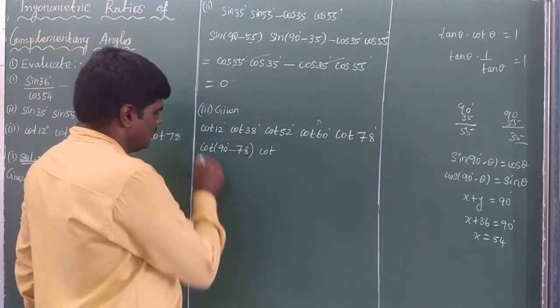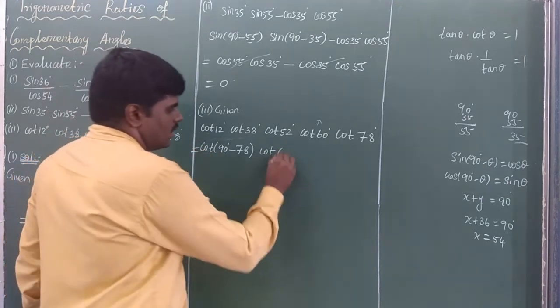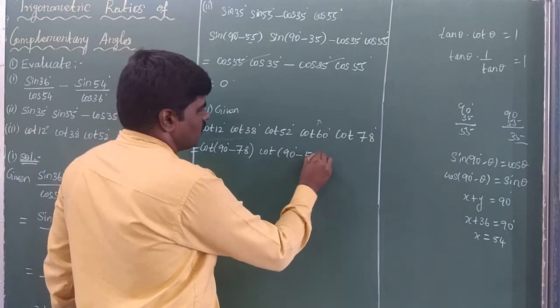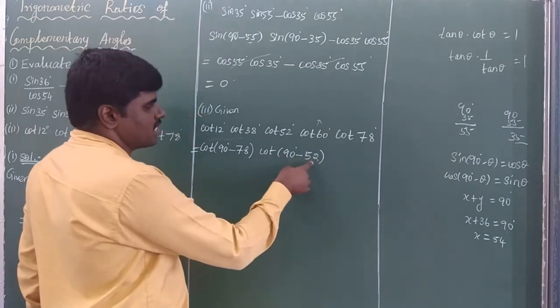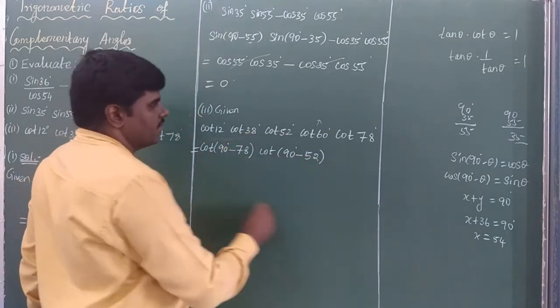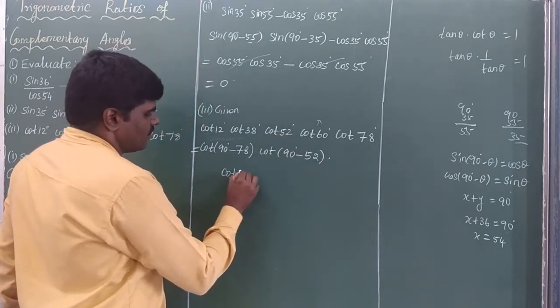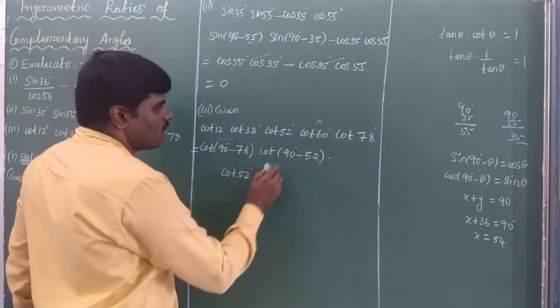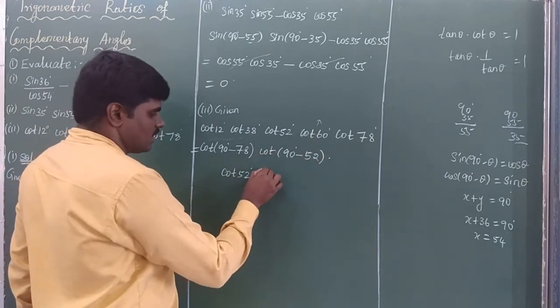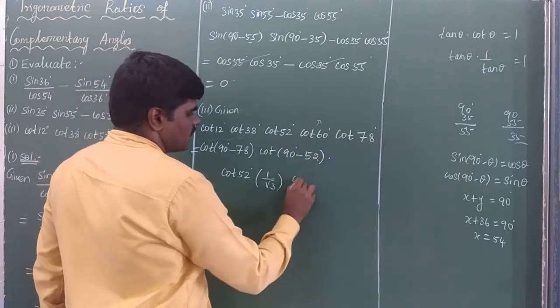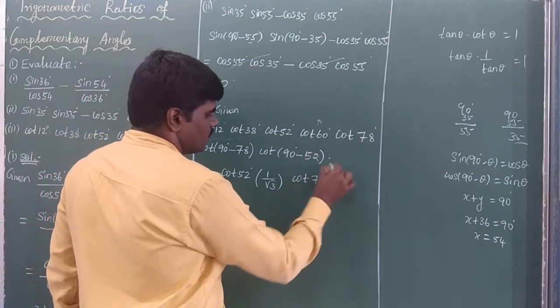Here you will change cot of 90 minus 52. We get 30 degree value. Next, similarly, the same way, cot of 52 degree into cot 60 degree. What's the cot 60 degree? 1 by root 3. Next similar case, cot 78 degree.